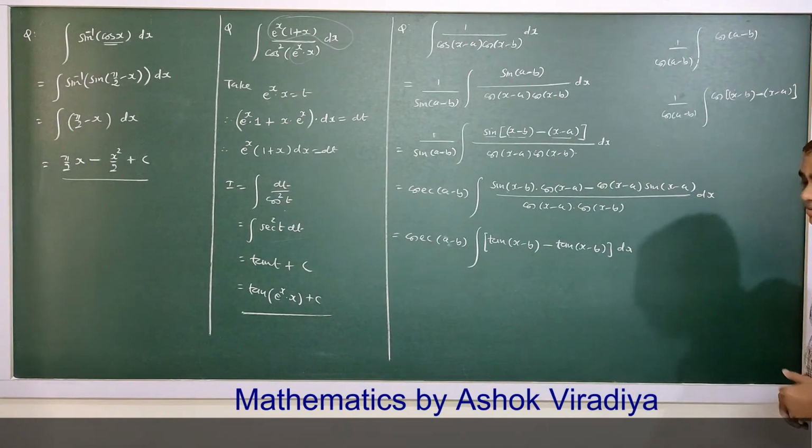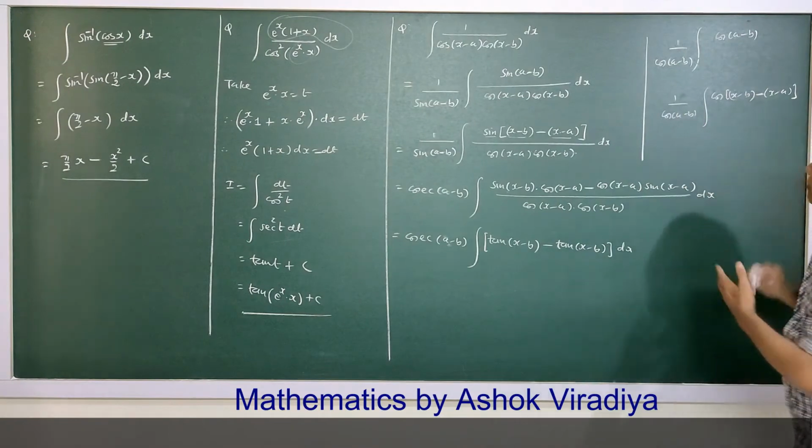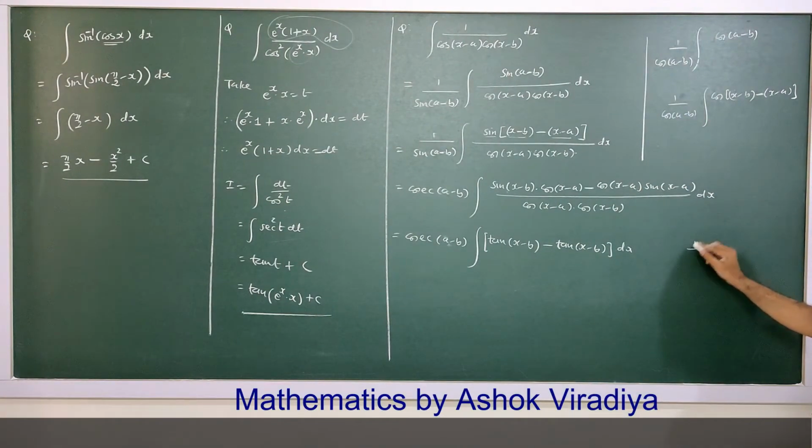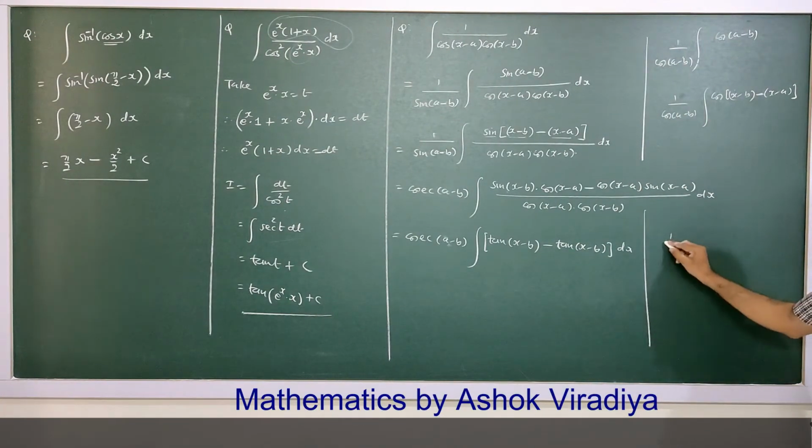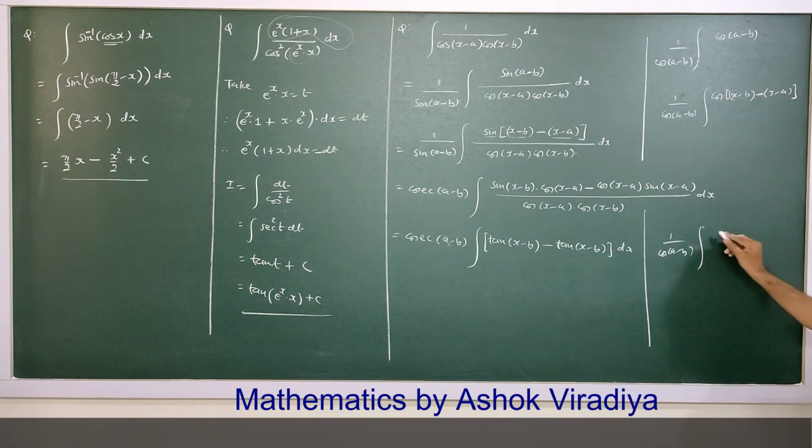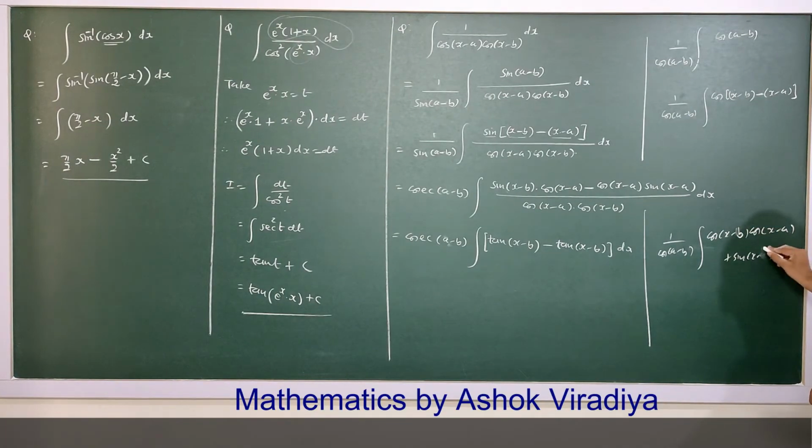Then in the next step, 1 upon cos of a minus b. Now cos alpha minus beta, so cos alpha cos beta plus sin alpha sin beta, cos alpha cos beta minus sin alpha sin beta.